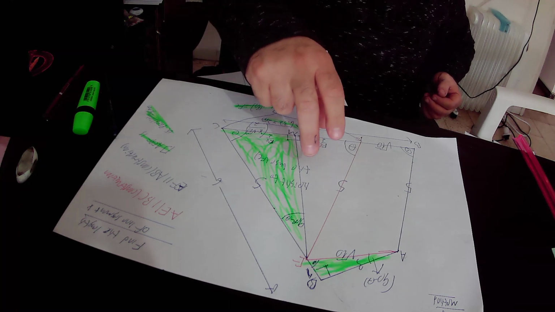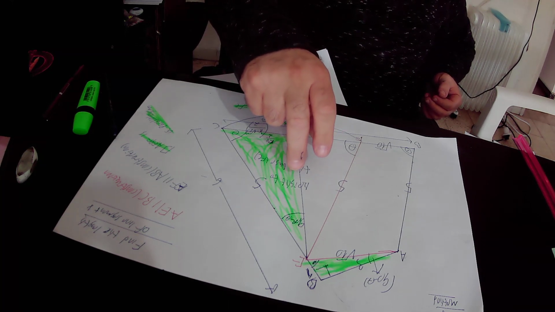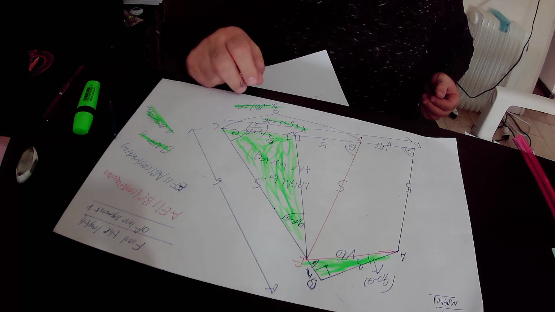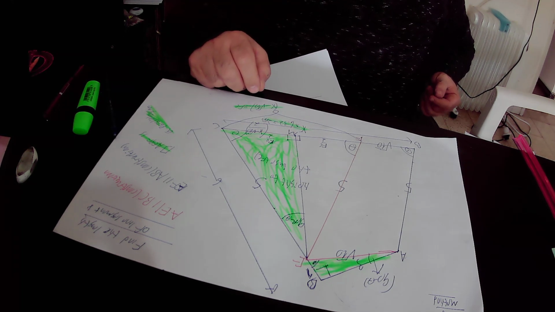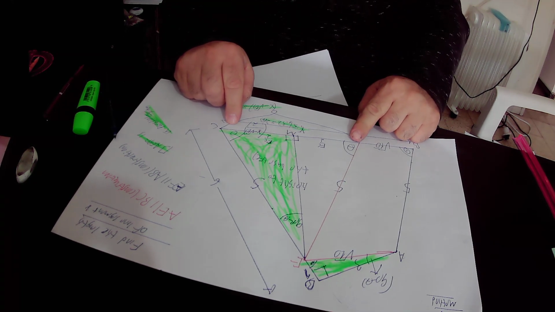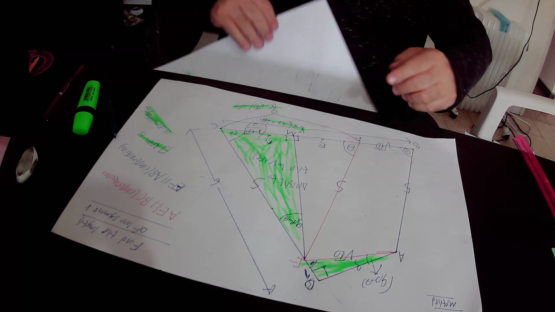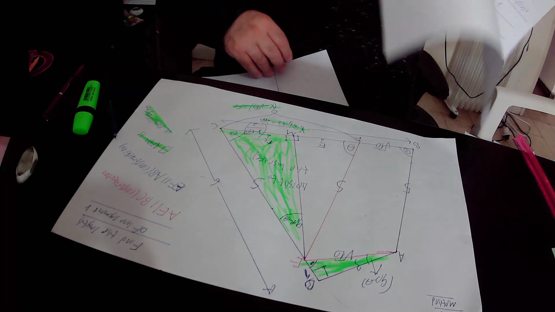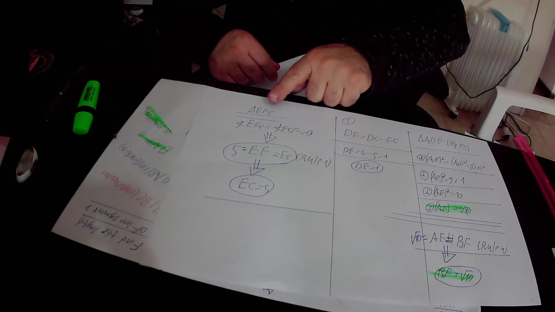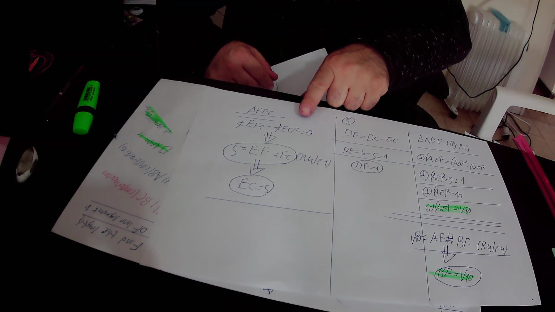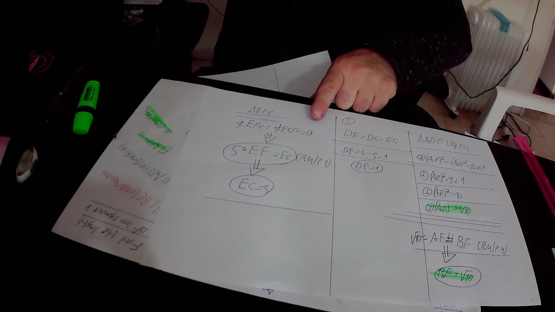Then focus on triangle EFC. In triangle EFC, we have two angles that are equal to each other. Angle EFC is equal to angle ECF, and they are both equal to theta.